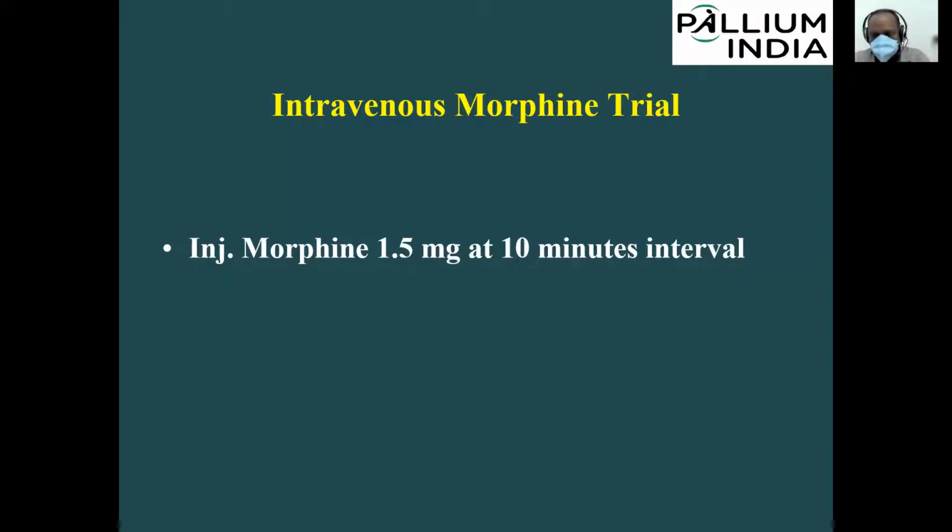Anybody else? Vomiting. Yes, that's the most common problem that can occur with the first dose of an opioid. So you have to give injection metoclopramide 10 milligram IV before starting the morphine trial, followed by injection morphine 1.5 milligram at every 10 minute interval.